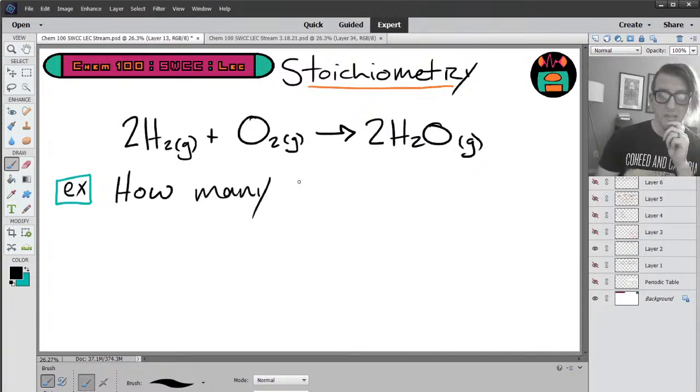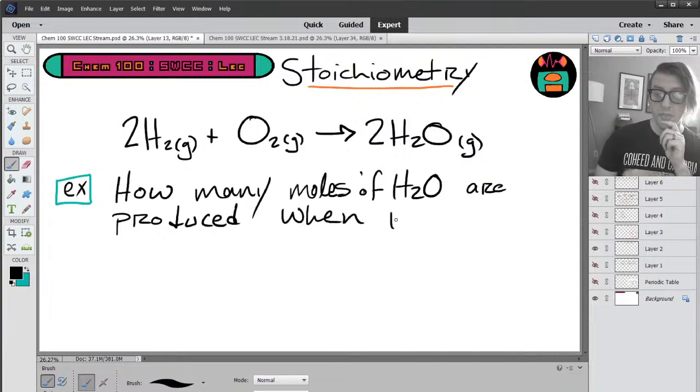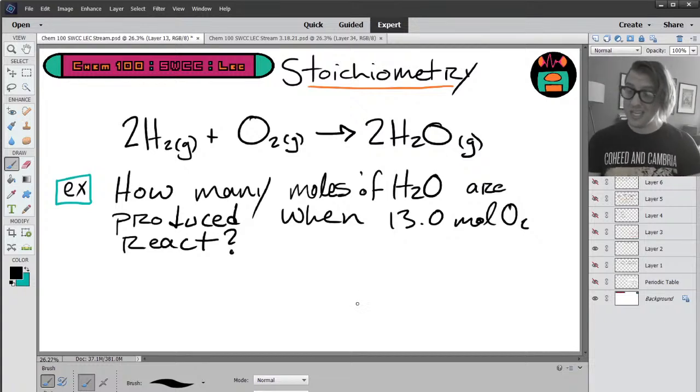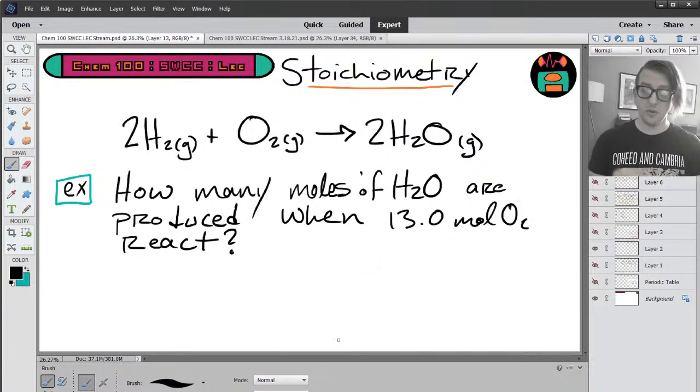How many moles of H2O, of water, are produced when 13.0 moles of oxygen react? To answer this question, you need a balanced chemical equation, all right? And here's how you answer it with the balanced chemical equation.